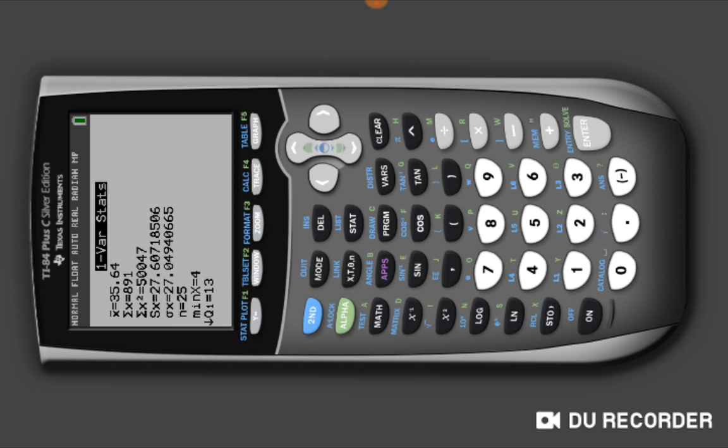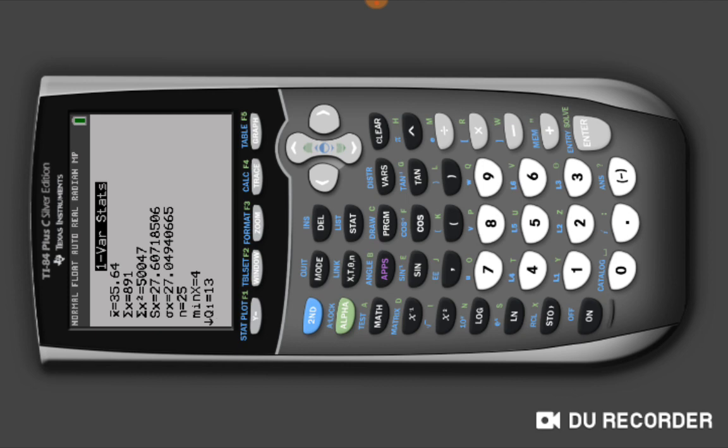Now, if you put in population data, then the symbol you should be using would be mu, even though the calculator says X bar. We did put in sample data this time, so X bar is correct. I just wanted to make that point.